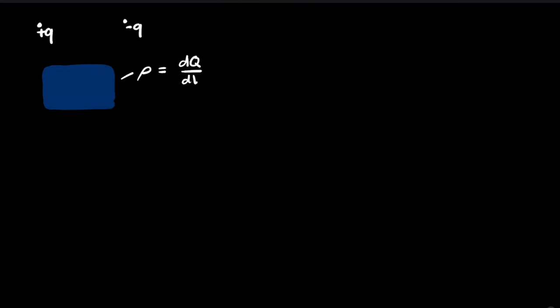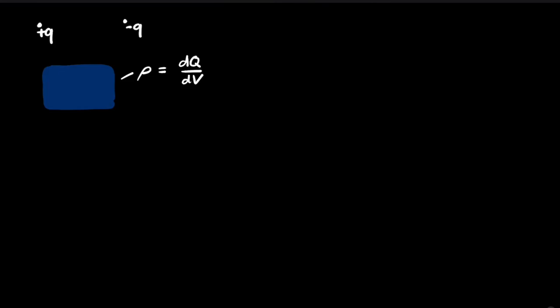So rather than there being discrete point charges, you have this region, this kind of volume, in which there's a certain amount of charge. And this, if you remember, I quantified with the charge density rho, which is the charge per unit volume. So that is the charge density.